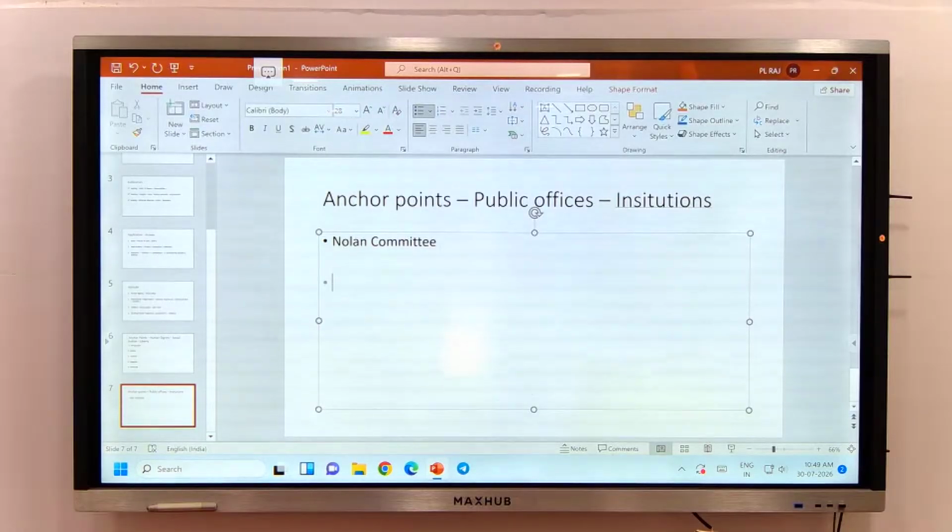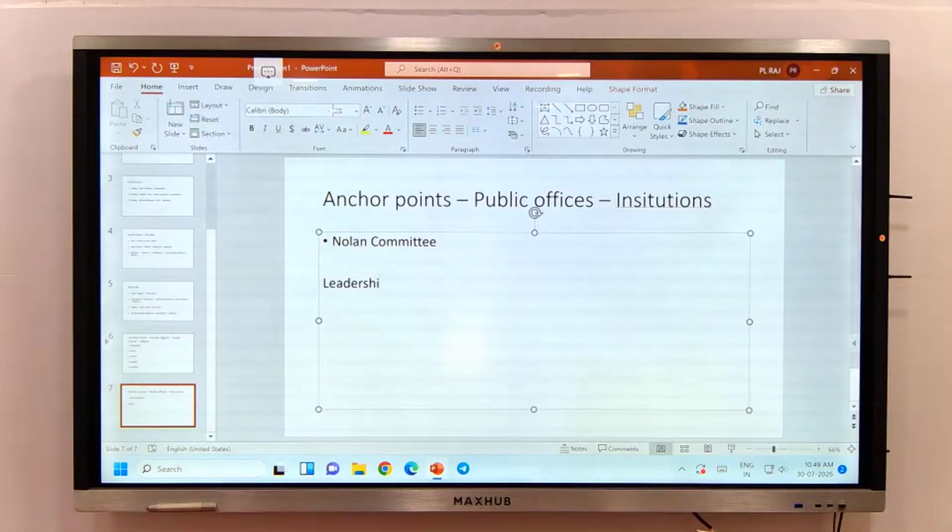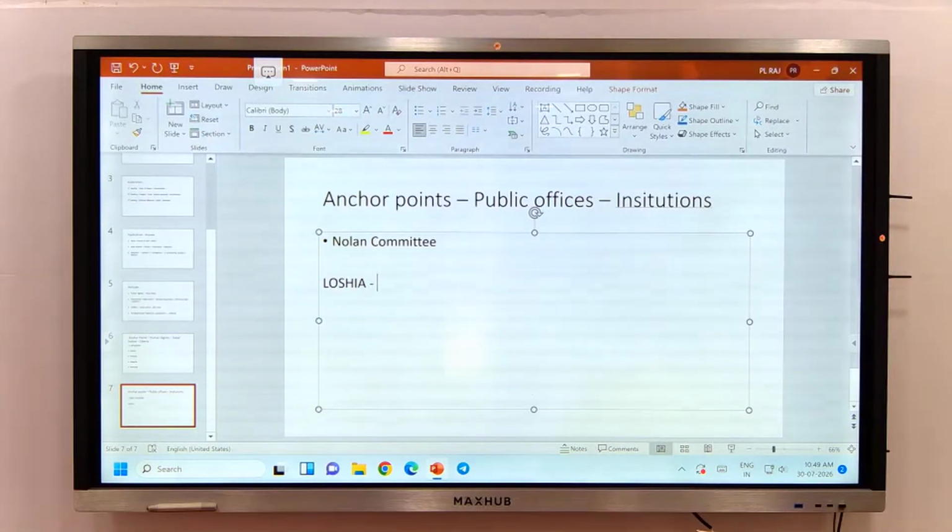The Nolan Committee framework of values: leadership, objectivity, selflessness, honesty, integrity, accountability should be the aspect. This should be the framework of the case.